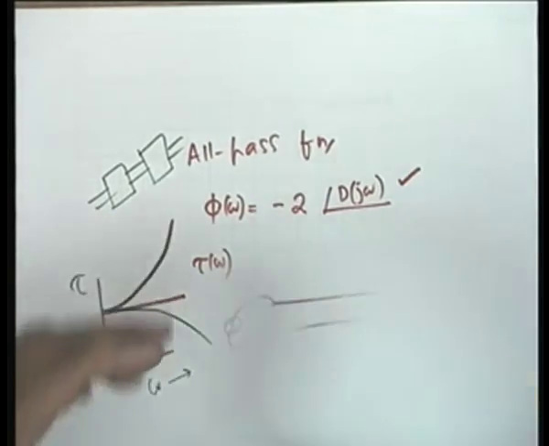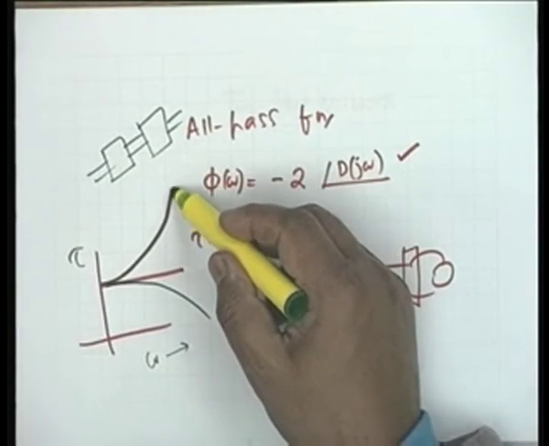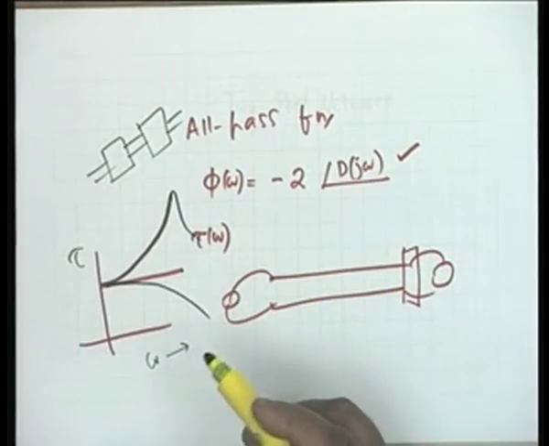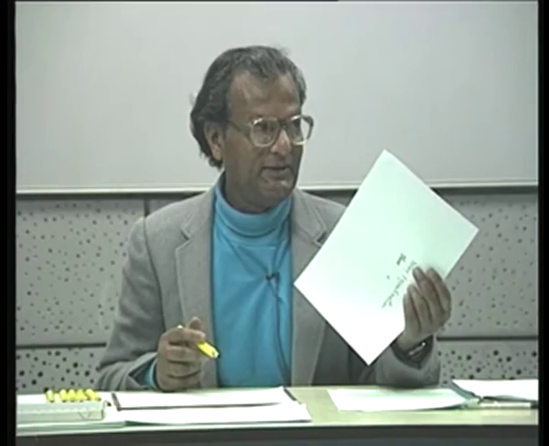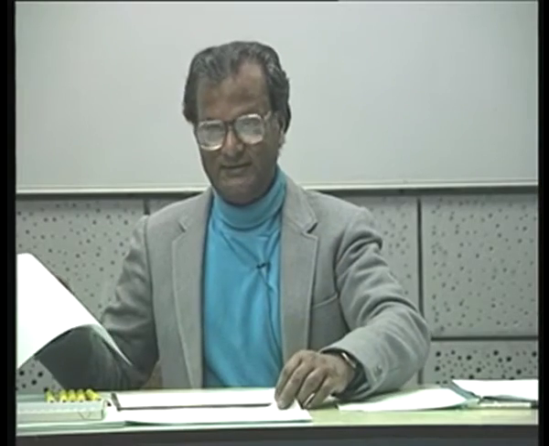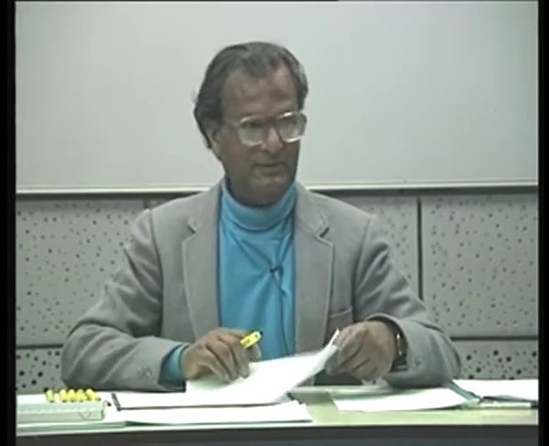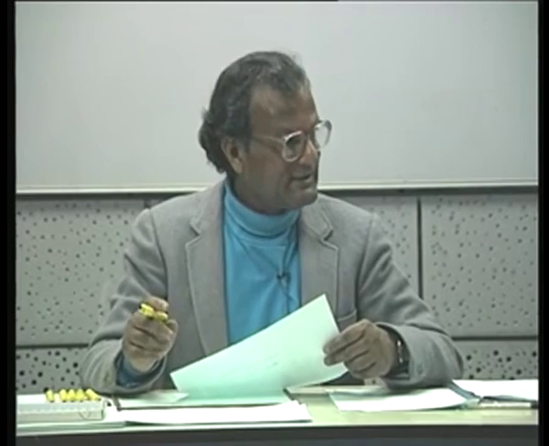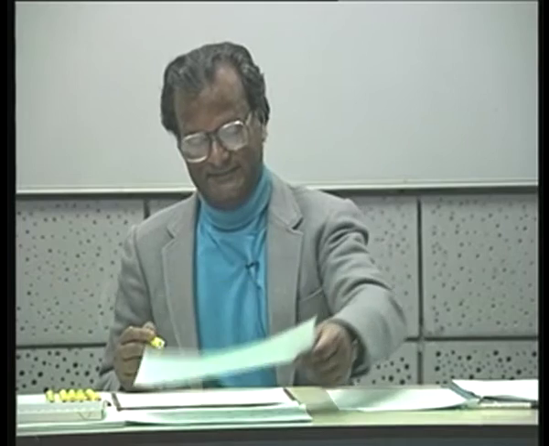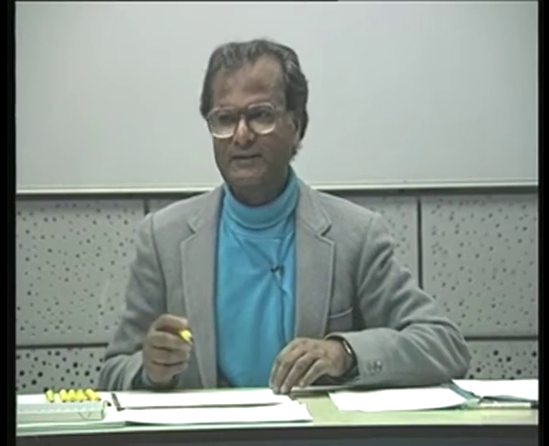It could be that the delay shows a peak. In fact, in the single pole case that we dealt with, the delay was maximum when omega was equal to omega 0. So at omega 0 it is a maximum, then it falls down.